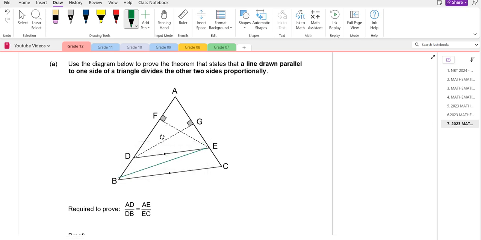Make sure to draw the construction lines BE and DC so as to divide it into triangles. So I've constructed the line BE, and now the next line is DC.